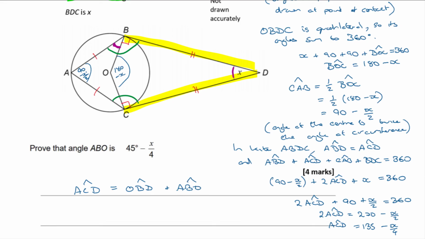So our 135 minus X over 4 is going to be equal to OBD, which was a right angle, 90, plus ABO, which is the thing we're trying to find, isn't it? ABO. So then taking 90 away from both sides, that is going to give me 45 minus X over 4 is equal to ABO.